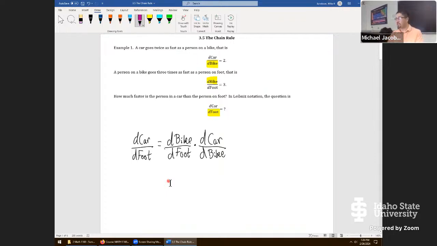Now, these are not fractions, so keep that in mind. But if you thought in these terms and you canceled this way, that's not a bad analogy. You would be recovering the original supposed fraction, d car by d foot, through that cancellation. But that's just an analogy.